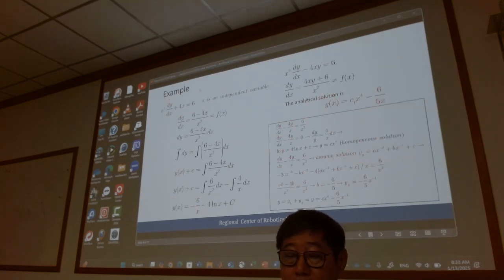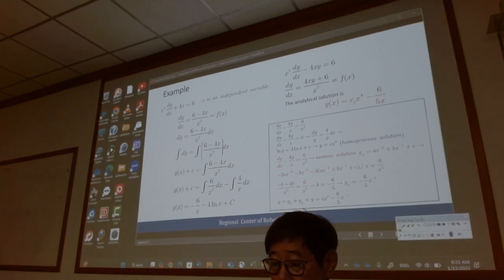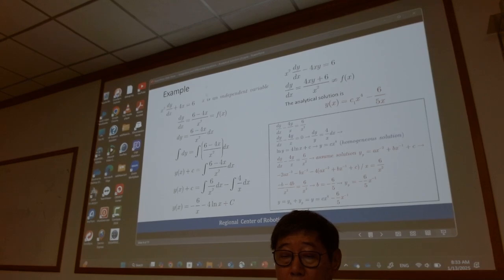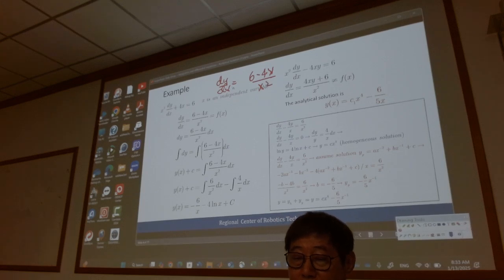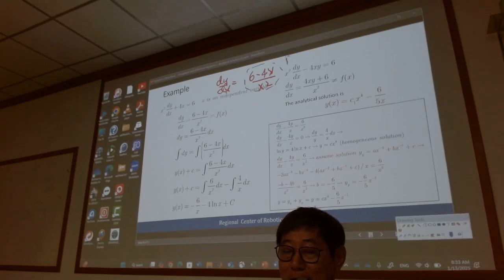Let's say dy by dx equals 6 minus 4x divided by x squared. In this case, I can consider this one like an input.